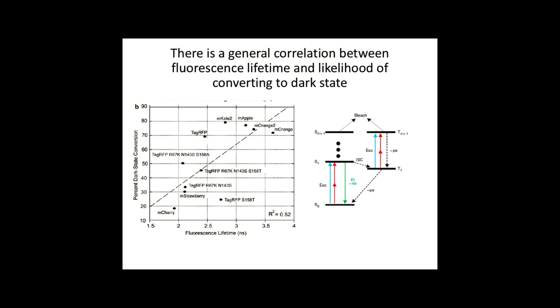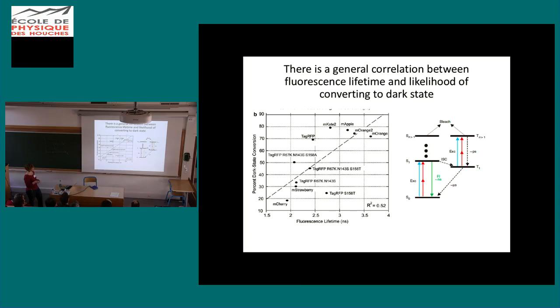We also looked at how readily a protein converts to the dark state compared to its fluorescence lifetime. So the fluorescence lifetime essentially determines how much time the molecule is spending in the excited state. And what we find is that there is a general correlation that you might expect. So as the lifetime increases, generally there's a greater probability that you're going to convert to a dark state.